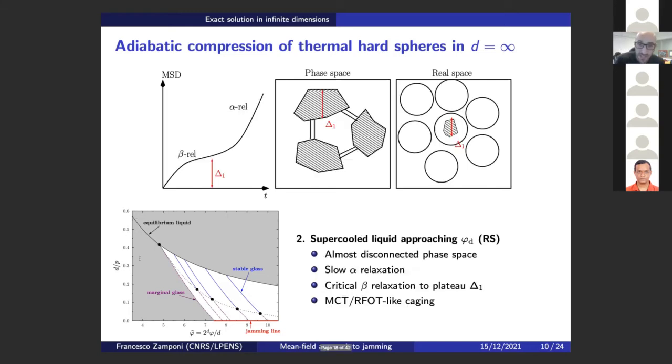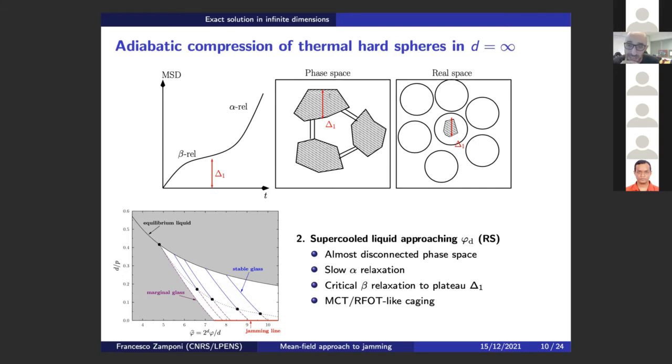Okay. Now, if you keep increasing the density, this is what you see, and this is what was described by Sri in the previous talk. You see a glass transition. You see the glass transition of hard spheres. So the mean square displacement will slow down. You start to see a plateau. So in real space, what happens is that your particles are moving a little bit around in a certain region, and then they can diffuse away from that region.